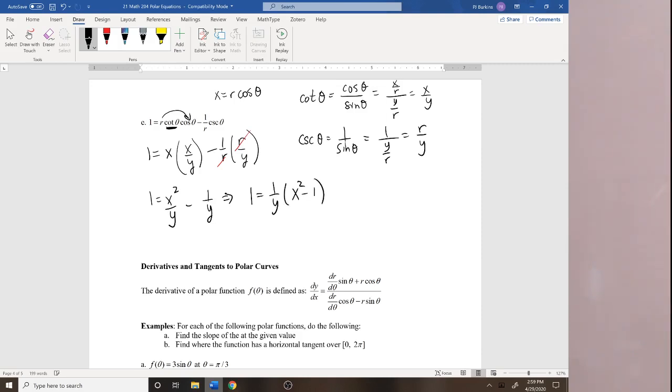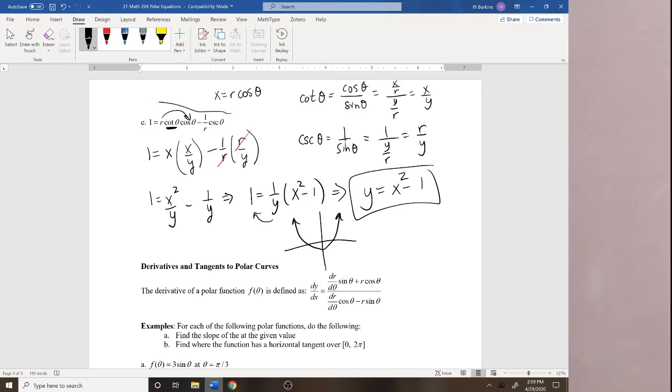And if I factor out the y there, or the 1 over y, and then finally move it to the other side, I have a parabola. So look at how complicated a simple parabola shifted down by 1 unit looks in polar coordinates.